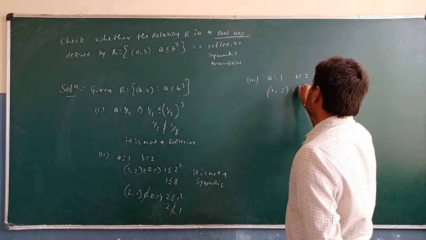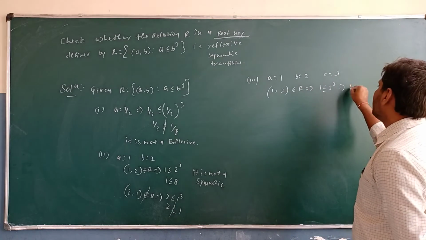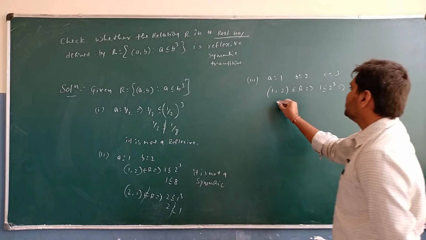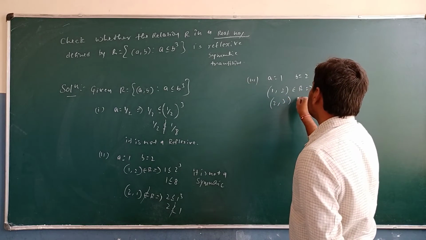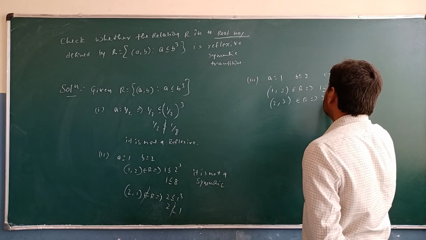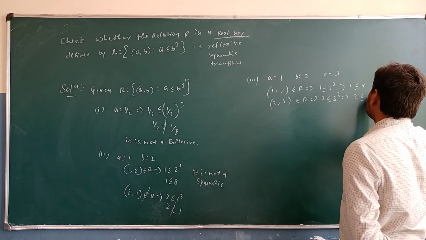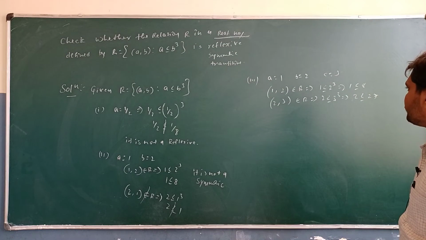So (1, 2) belongs to R, which implies that 1 is less than or equal to 2 cube, that is 1 less than or equal to 8. Then (2, 3) belongs to R. So we can say that 2 is less than or equal to 3 cube, that is 2 less than or equal to 27. This is also a member of the relation.